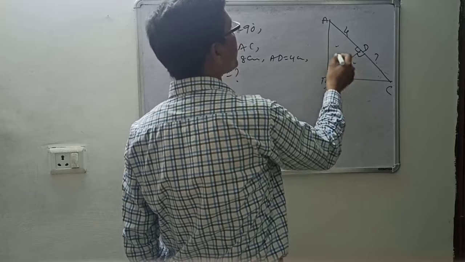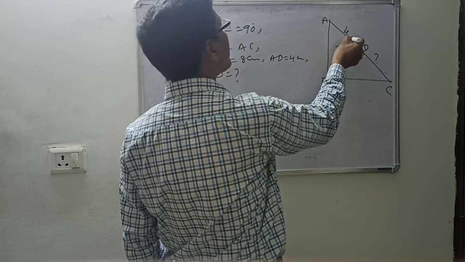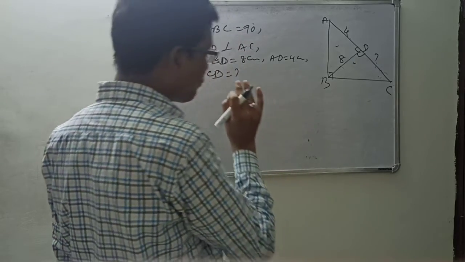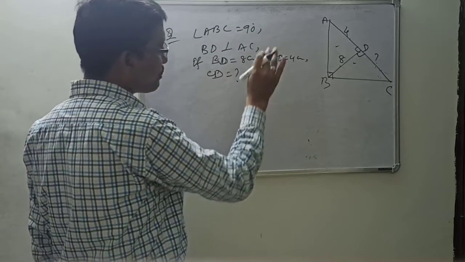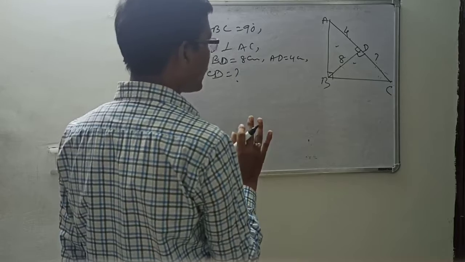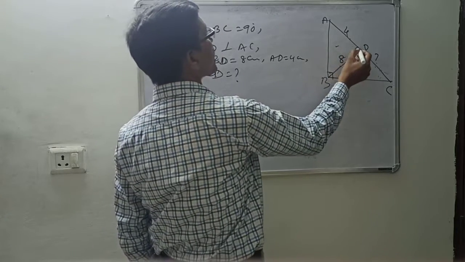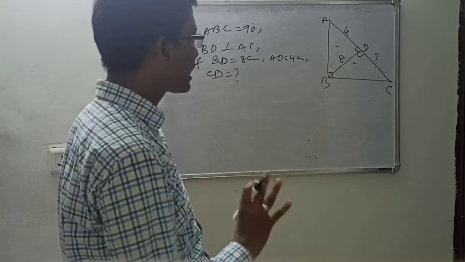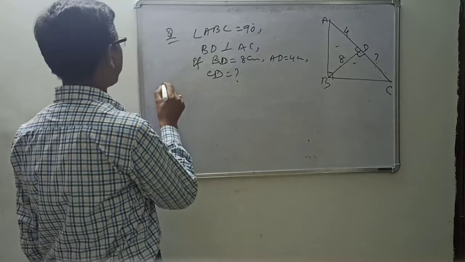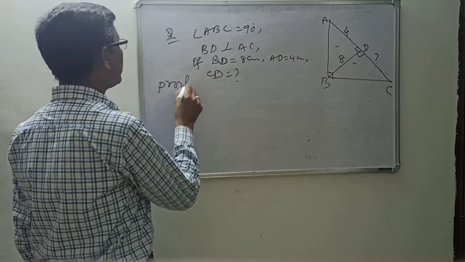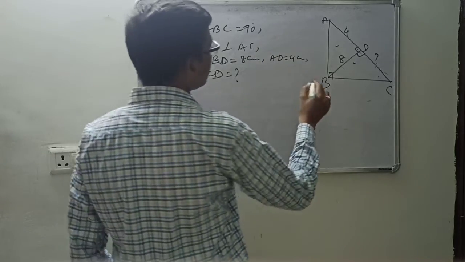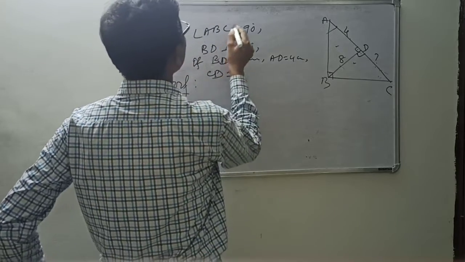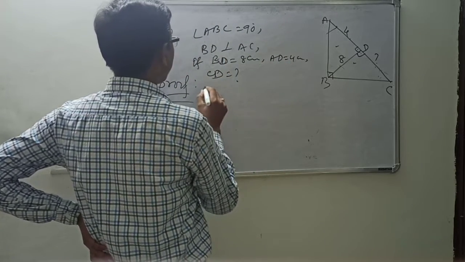BD is the common part of both the smaller triangles. One smaller triangle's part is given, the other smaller triangle's part is to be found out. So the relation between the two smaller triangles, BAD and BCD, you have to get. First of all, in these two triangles, one angle is common, one angle is 90 degree each. Now you have to get another angle. So you can find out any one angle relation, that's why the whole triangle and any one triangle you will take.